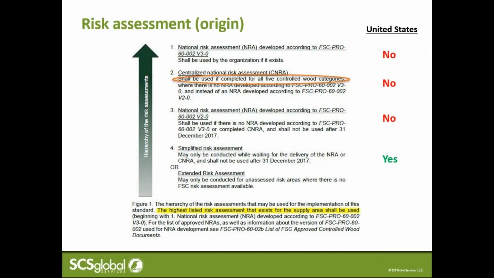Consequently, the simplified national risk assessment is what applies to certificate holders sourcing controlled material from the United States. As mentioned earlier, you may update your company-owned or simplified risk assessment to include the risk designations and corresponding sources of information from the centralized national risk assessment for categories 1 and 5.